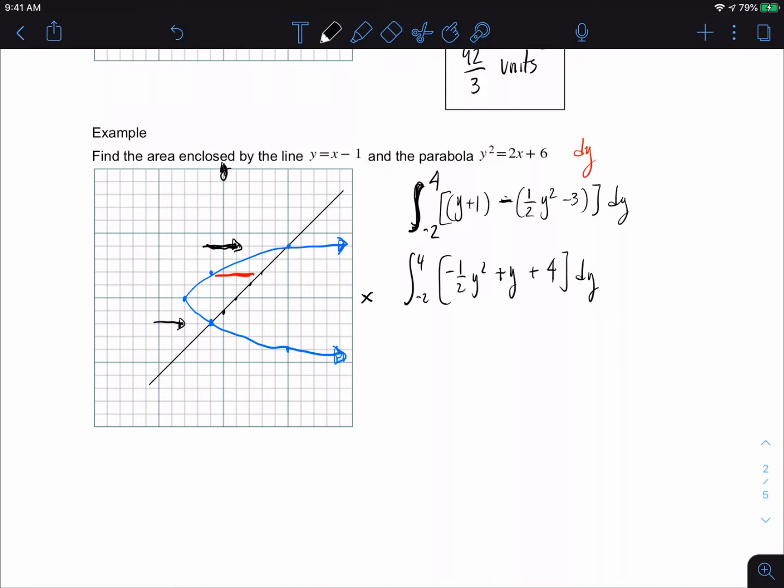So then when I take the antiderivative, I'm going to get a -1/2 y to the third over 3 plus y squared over 2 plus 4y, and that's going to be evaluated from negative 2 to 4 of this whole thing.